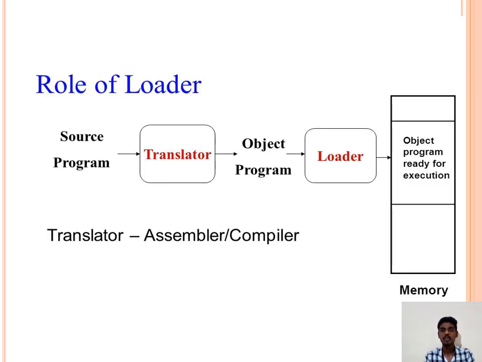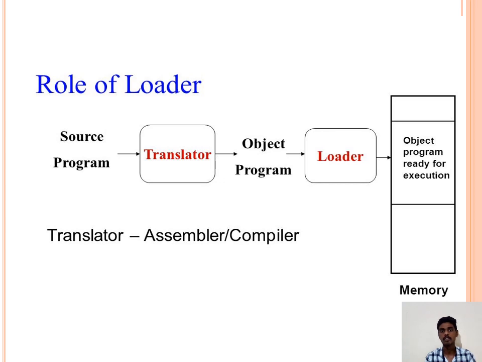Now coming to the role of loaders. Here, the source program is transferred to the translator, and then it becomes the object program, and then comes the loader. The loader loads the object program, which is then ready for execution. So the source program is translated to the object program, and then the loader loads it to the main memory for execution.